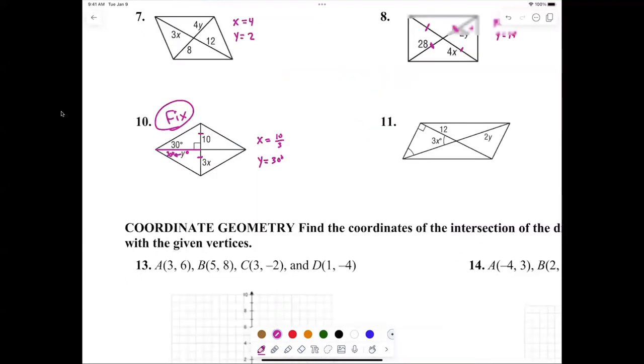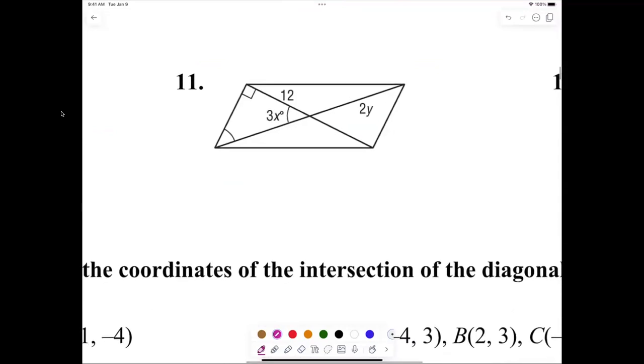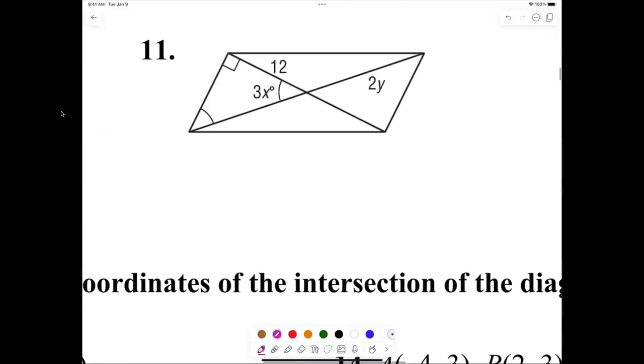All right, here we go. Now here you have to be real careful, because what are they telling you about this angle here and this angle here? They add up to 90, that's what that says. They're congruent, correct.